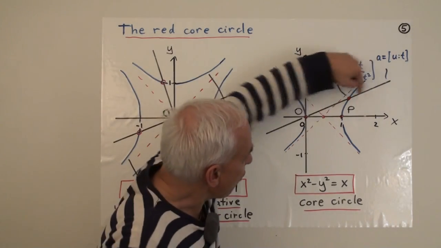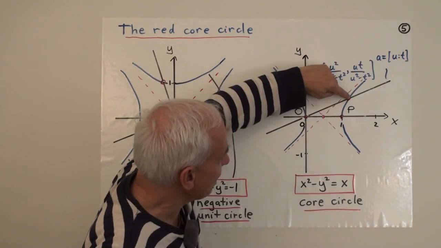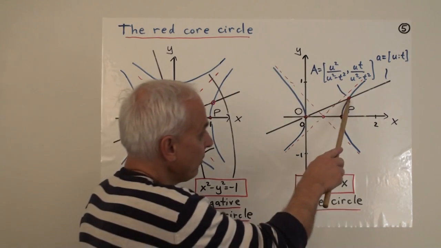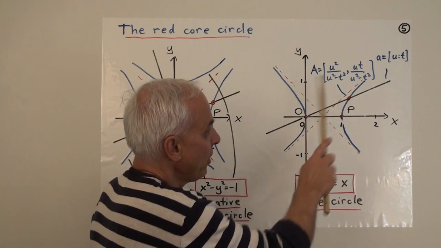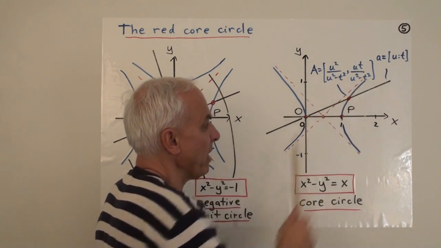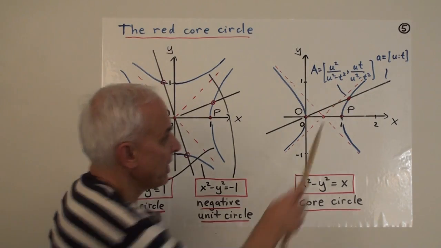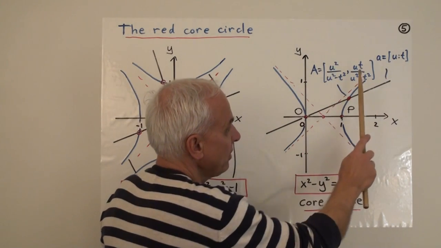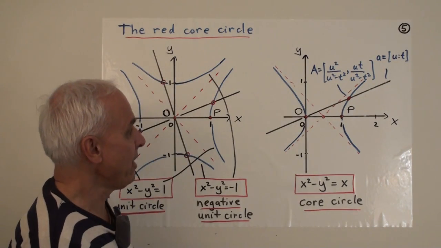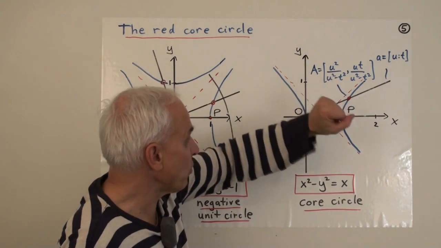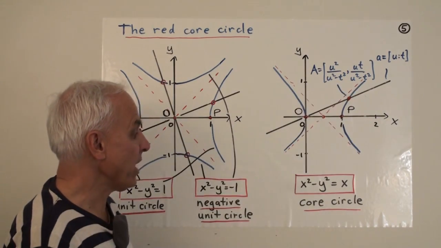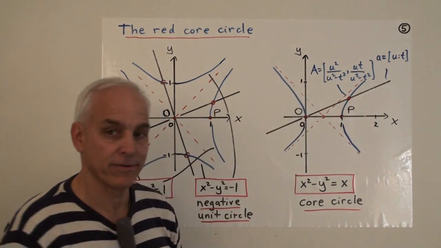Then a corresponding point on this line which actually passes through the core circle is this point A: u squared over u squared minus t squared, and ut over u squared minus t squared. You see that is a multiple of (u, t). If we take the u over u squared minus t squared out front, it's a multiple. And it's easy to check that if you take this thing squared and you subtract this thing squared, then you do get the x coordinate.